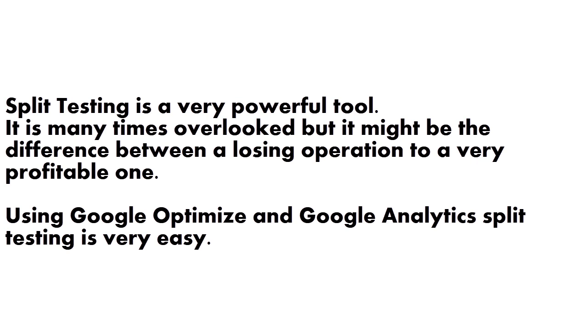You can use Google Optimize. All you have to do is copy some code from Google Optimize into your website header and Google Analytics in order to split test. Google Optimize is free. Google Analytics is free, and there is no reason you shouldn't be A/B testing and split testing in your store at the moment.